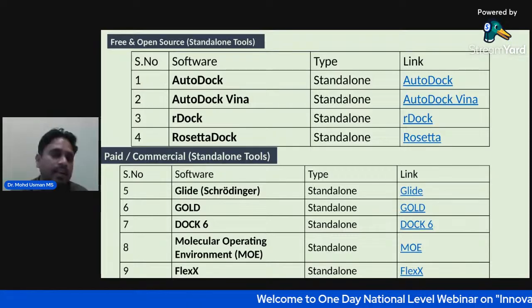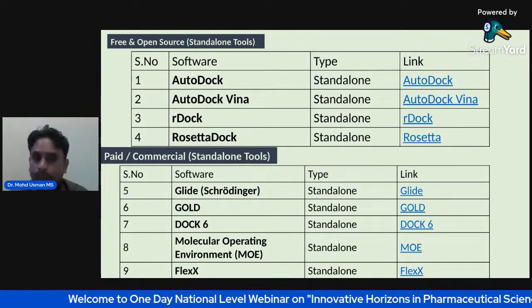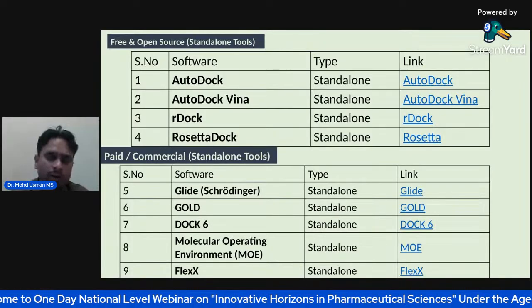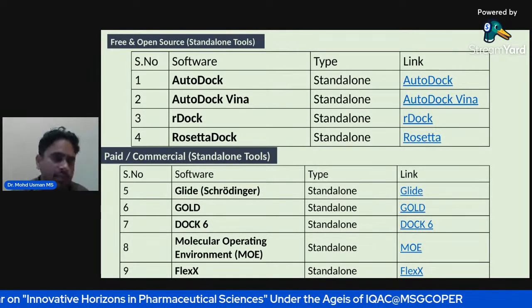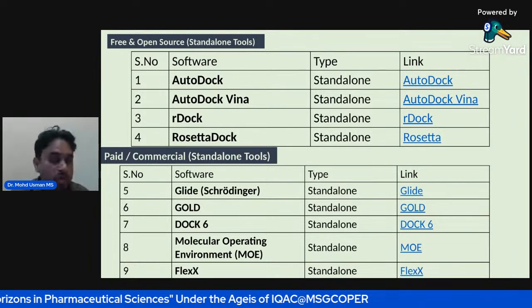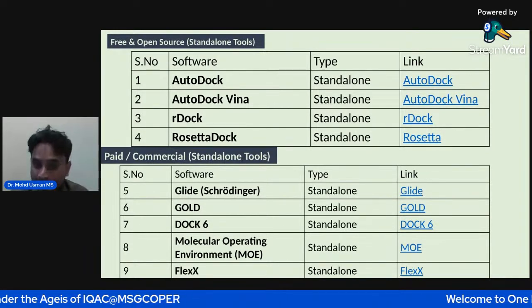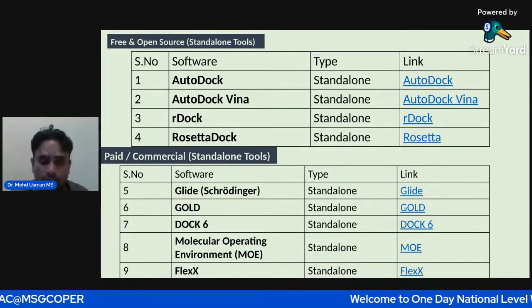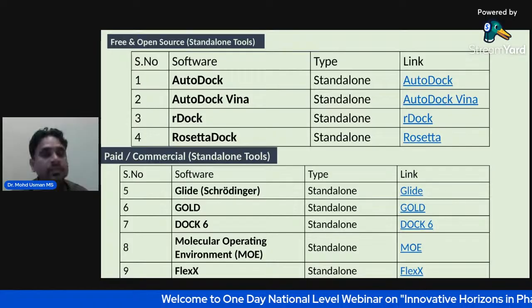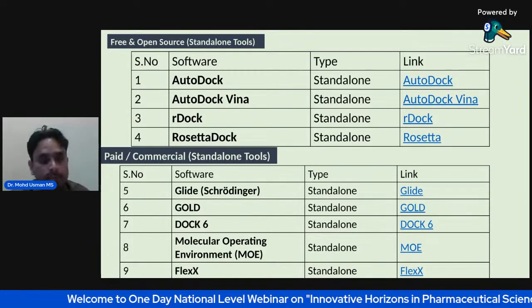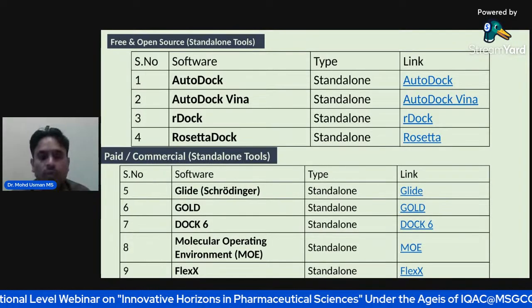Then paid or commercial softwares for molecular docking or computer-aided drug design. Now, in this case, Schrodinger is the most widely used software for computer-aided drug design. It is paid software, cost is high, but if cost is high, it means efficiency and speed are quite high. In Schrodinger software, lots of modules are available.